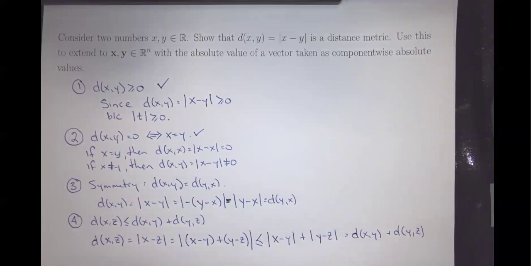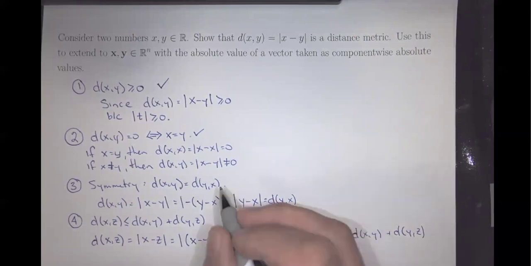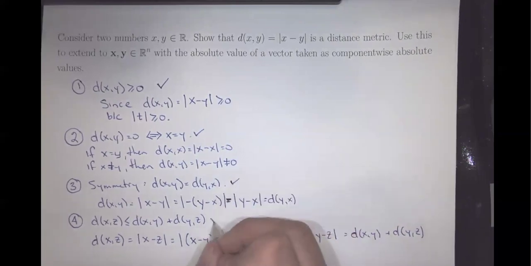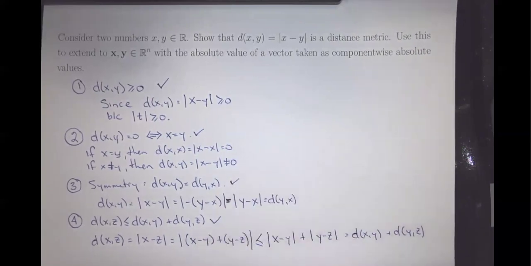Again, we can make that exact same argument component-wise for n-dimensional vectors. So, because all four of these properties are satisfied, this is indeed a distance metric.